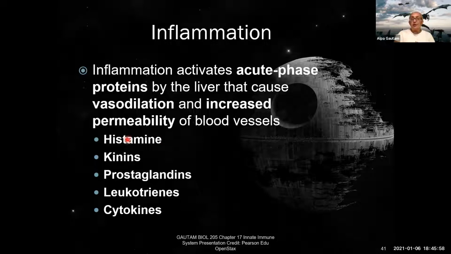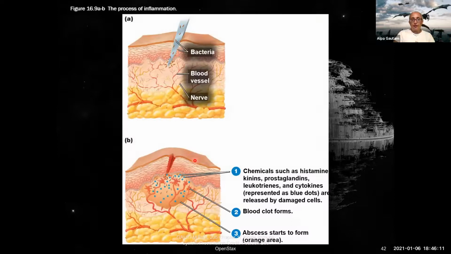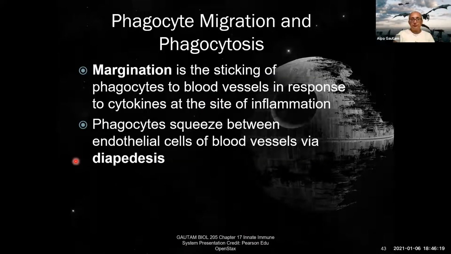It's also released by cells called mast cells. Kinins, prostaglandins, leukotrienes, and cytokines are also molecules that cause inflammation. Okay. So this is just giving you a visual of everything that I just talked about.